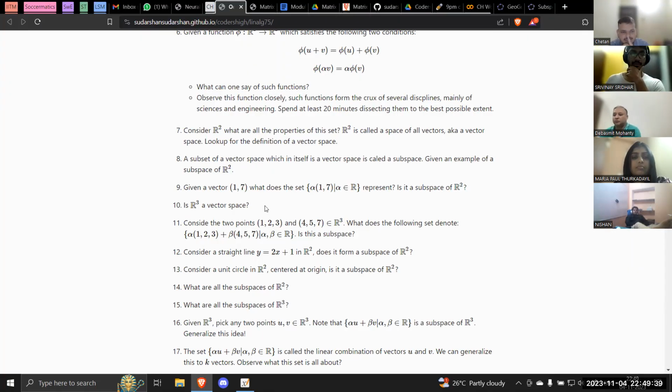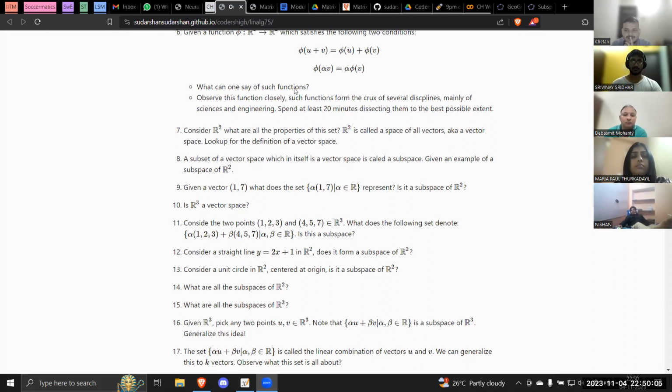So the next question asks: is R3 a vector space? Interesting. We were only talking about R2. We didn't talk about R3. Now, sir has asked us, is R3 a vector space?